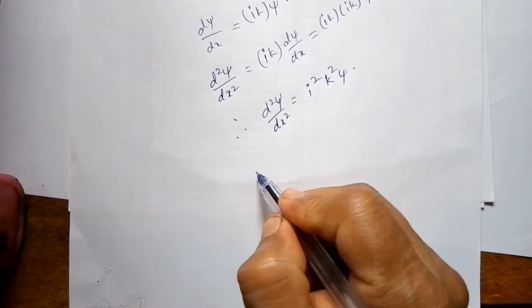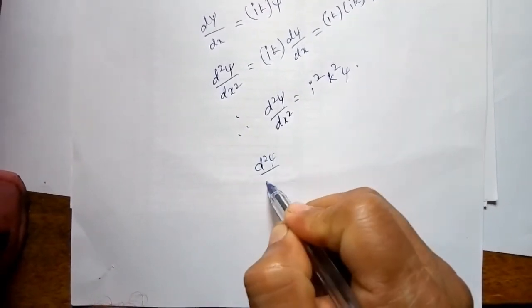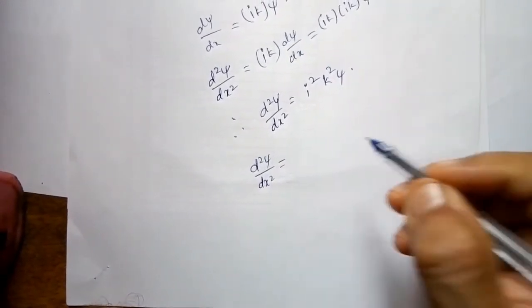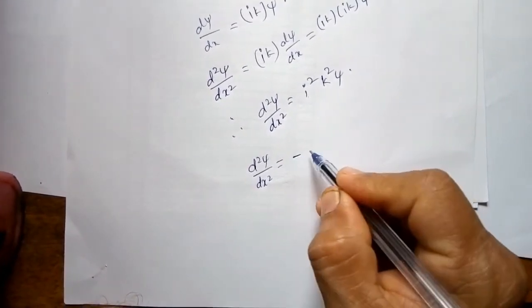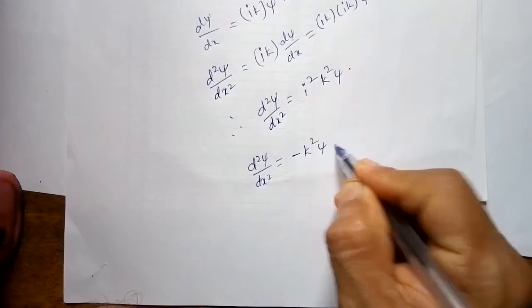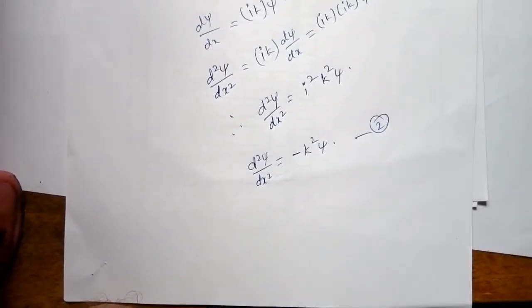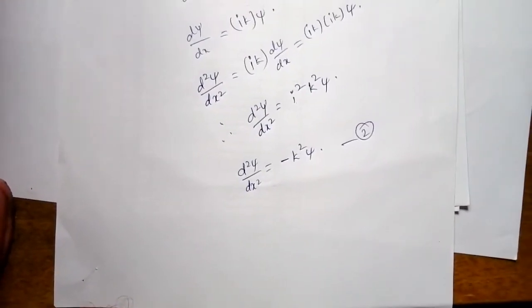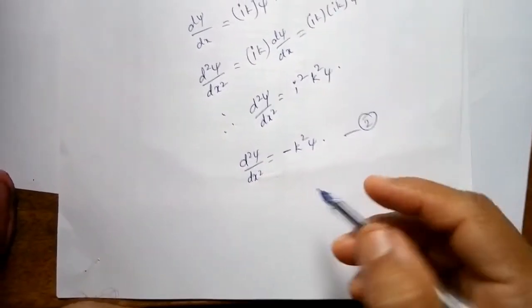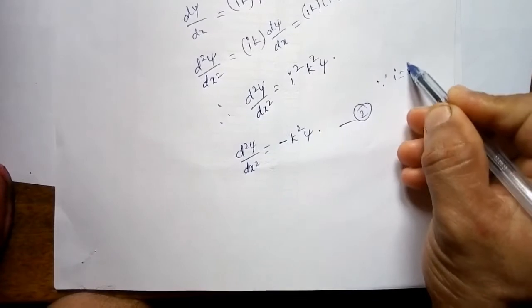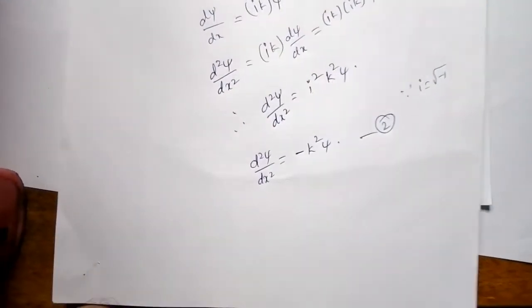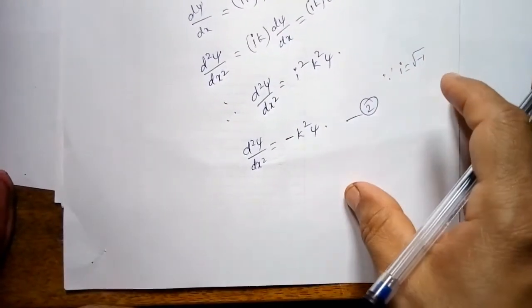In other words, since i square is minus 1, d square psi by dx square is equal to minus k square psi. I got the second differential because i is equal to root of minus 1, so i square is minus 1.